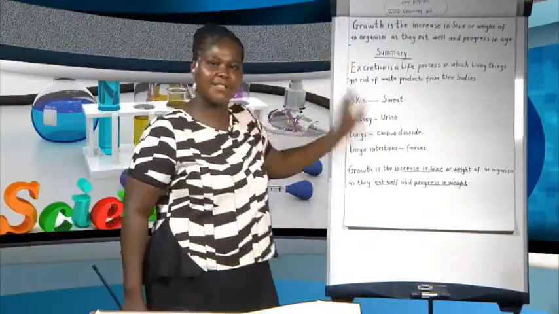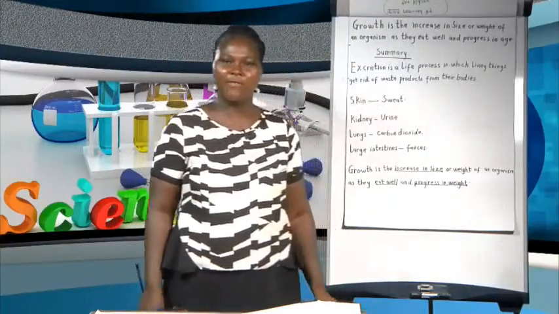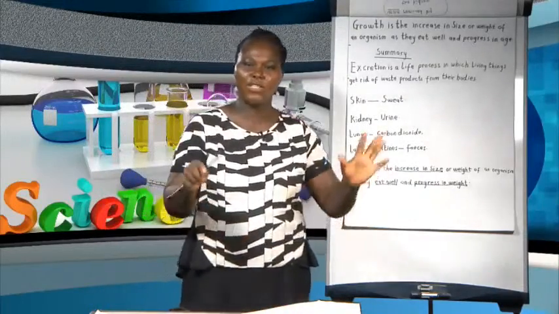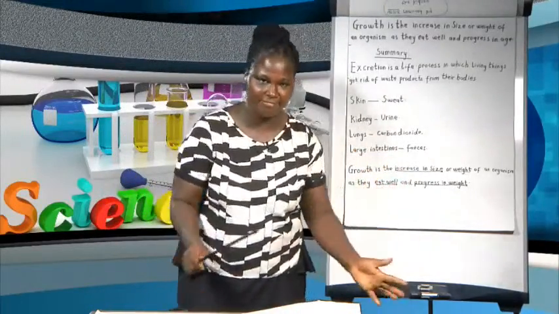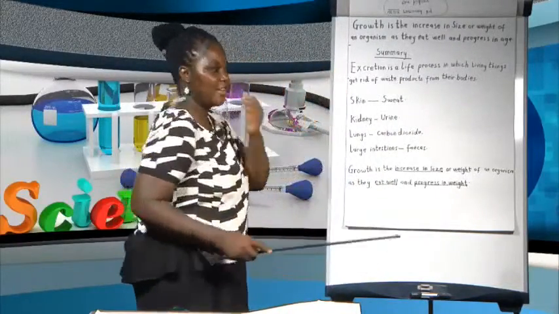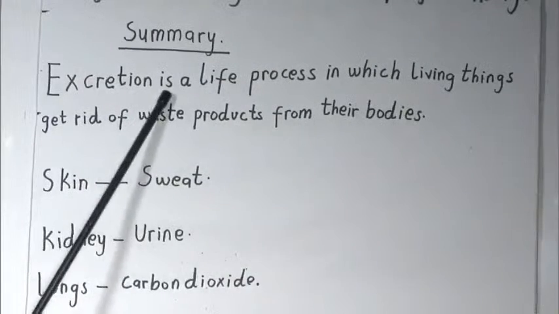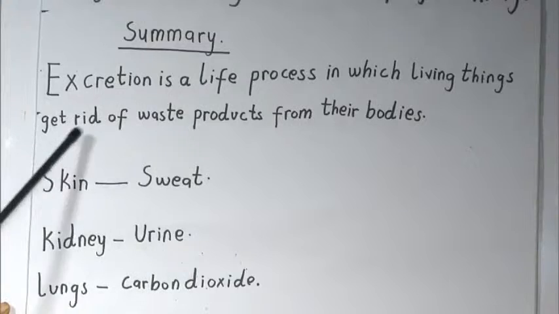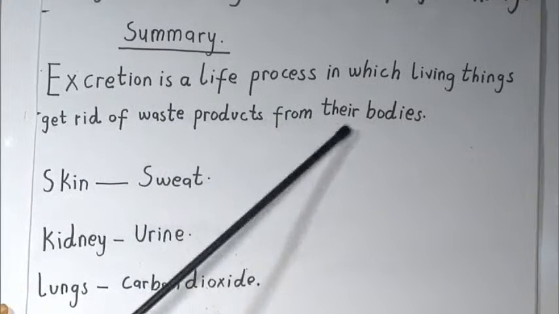So learners, today we have learned a lot. So we look at the summary of what we have learned today. We have learned that excretion is a life process in which living things get rid of waste from their bodies.